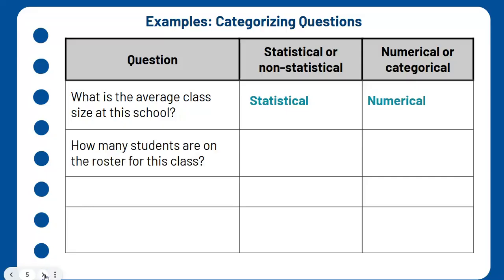The next example is, how many students are on the roster for this class? This question is asking how many students are enrolled for this class you're currently in. Is this an example of a statistical or non-statistical question? Which type of data would be collected to answer this question? Categorical or numerical?